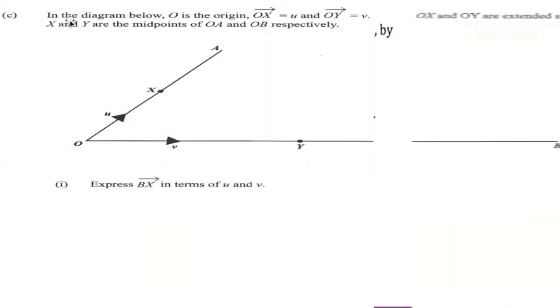For the next question, which is 10c, we have in the diagram below, O is the origin, OX is U, OY, so this is OY, is V, and OX and OY are extended so that X and Y are the midpoints.